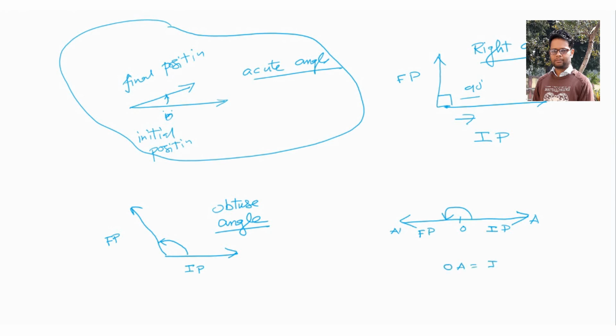OA is the initial position, OA dash is the final position. So it's called a straight angle.